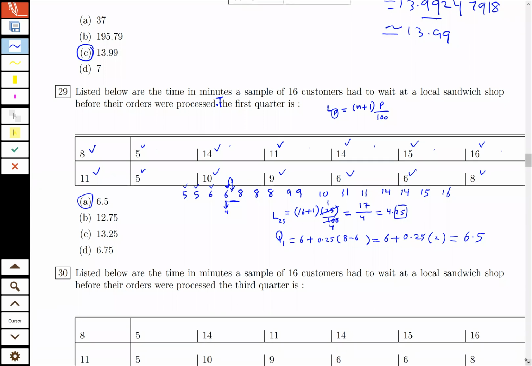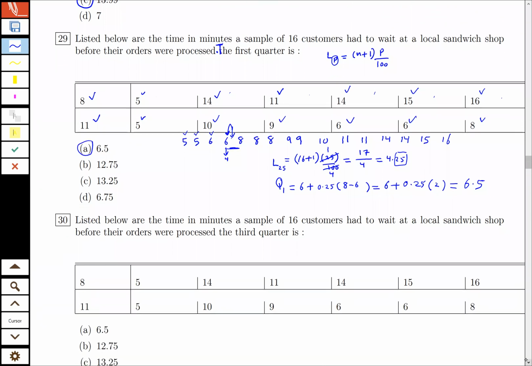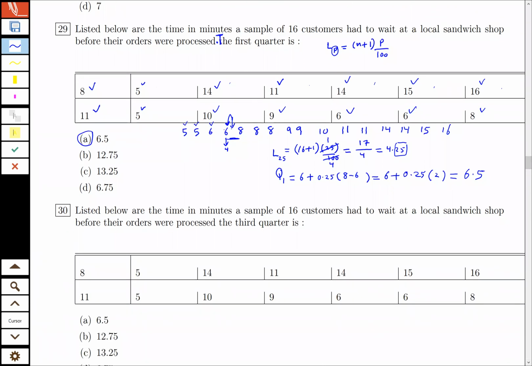Similarly, the next question is asking about the same thing, so I'll get the same order: 5, 5, 6, 6, 8 three times, 9 two times, 10 one time, 11, 11, 14, 14, 15, 16.